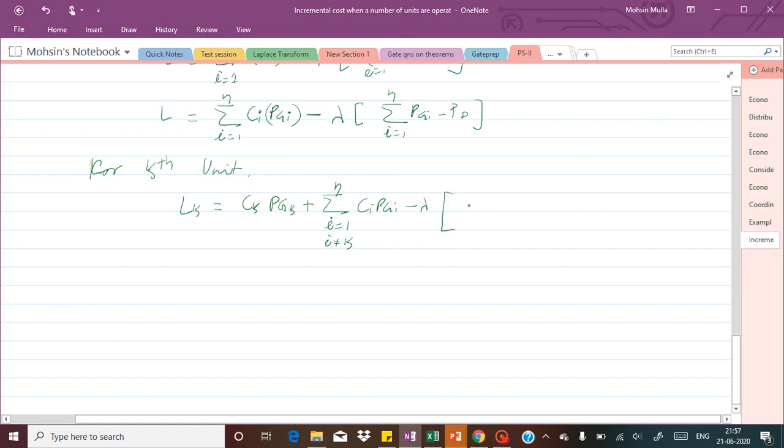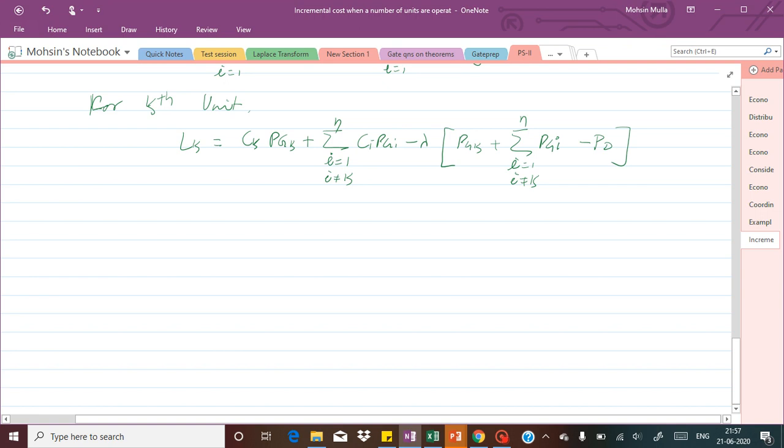So the first term will be for that kth unit, Pgk plus summation I equal to 1 to n, where I is not equal to k, Pgi minus Pd. So this is what we are going to get.